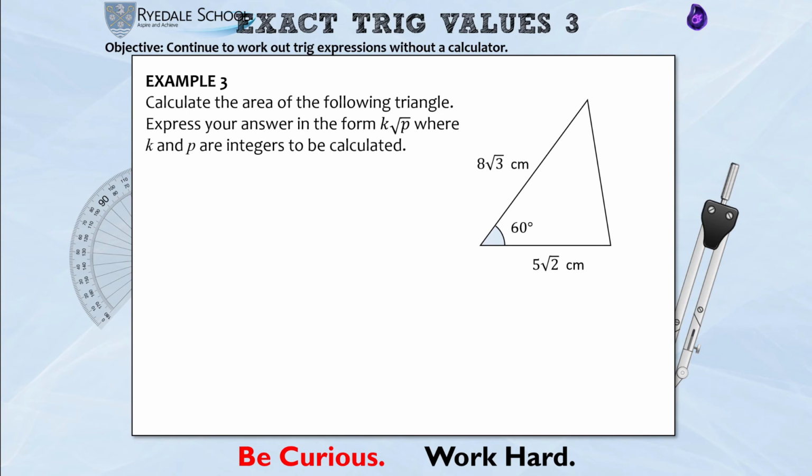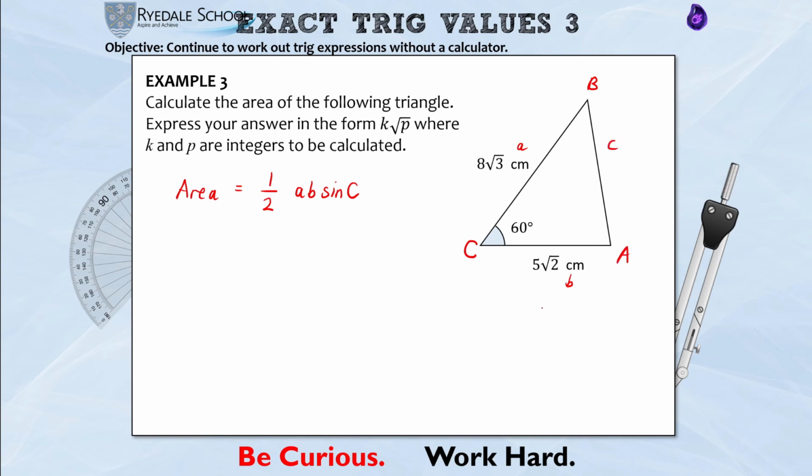So do you recall a bit of maths that we're going to need here? We're going to need a formula for the area of a triangle. And we're not talking about the base times height divided by 2. We are talking about the more complicated formula that is a half AB sine C. So the angle is my C. And these are my A's and B's.